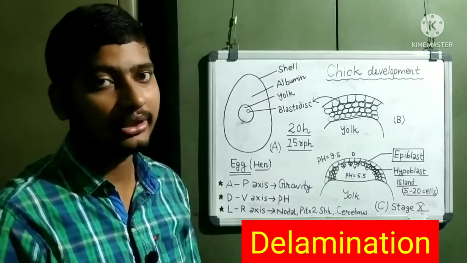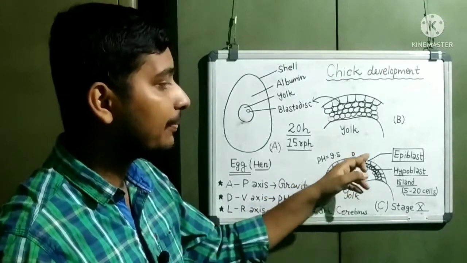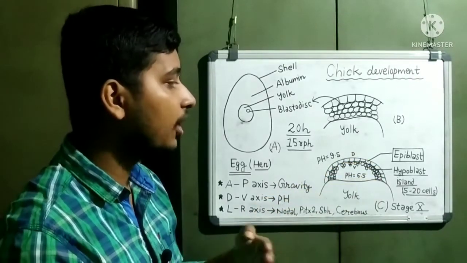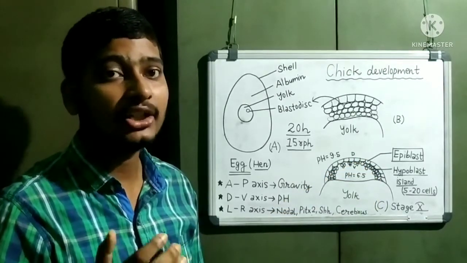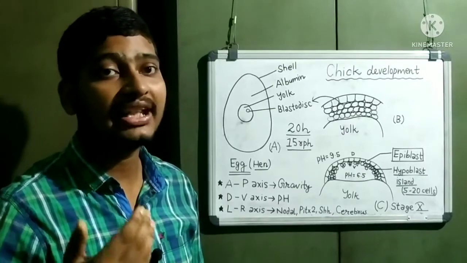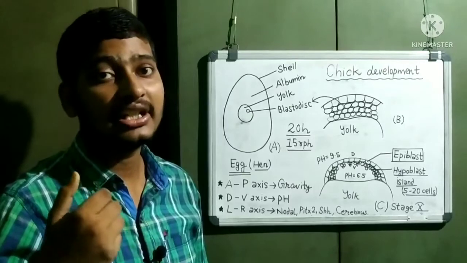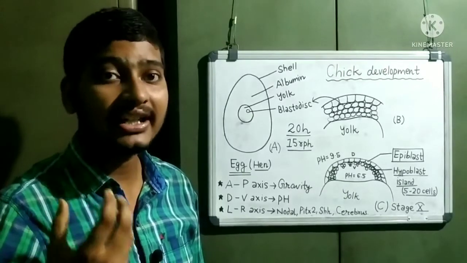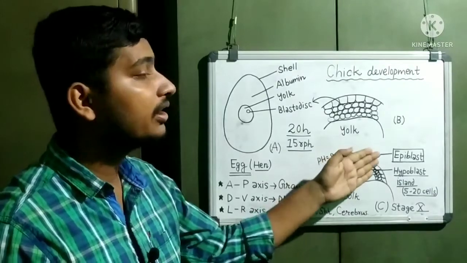study in gastrulation. Okay, so as you can see here, epiblast and hypoblast are formed, but the hypoblast does not play any role in the formation of the embryo. I mean, the ectoderm layer, mesoderm and endoderm, all three germ layers are formed by only epiblast.